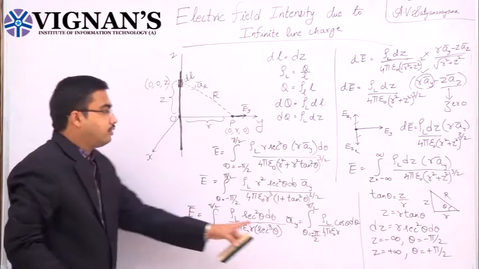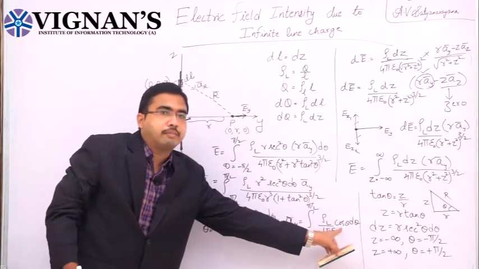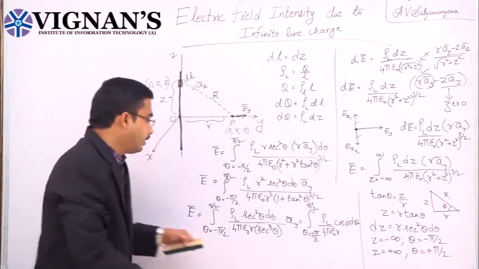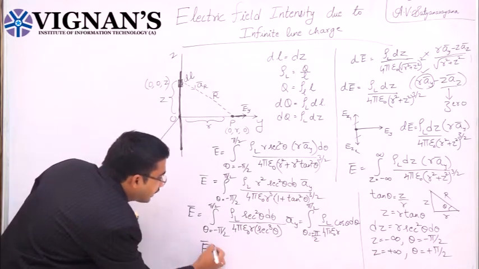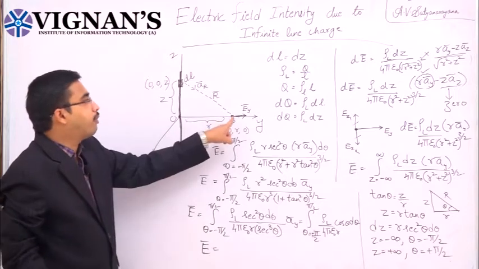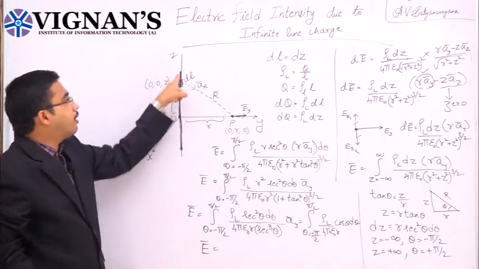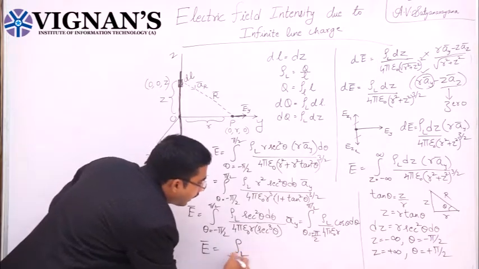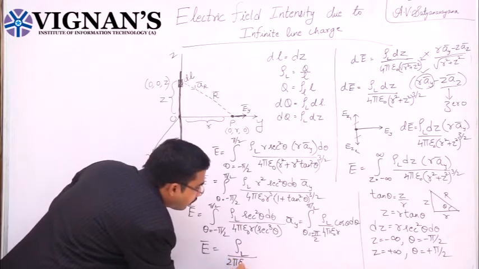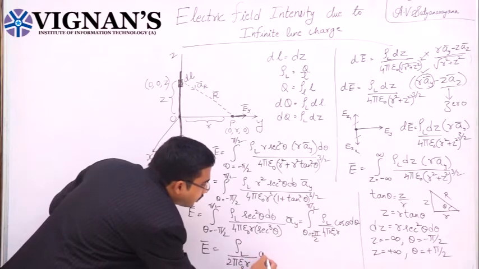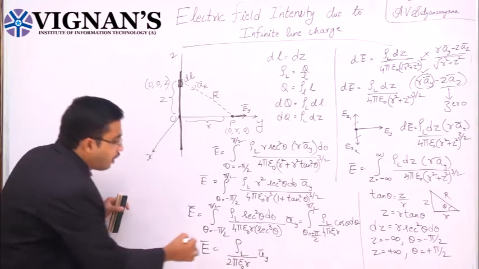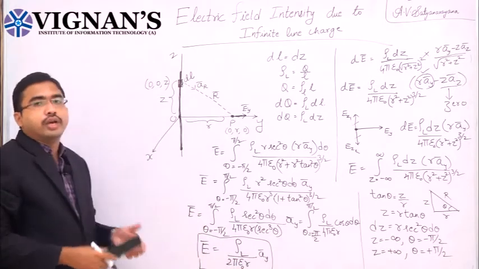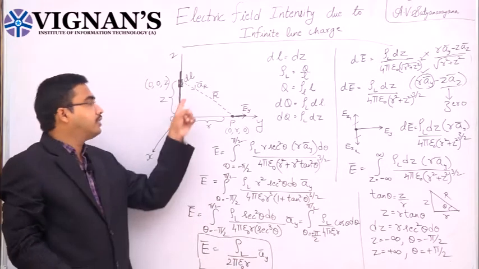So what is the integral of cos theta? It is sin theta, and on substituting the upper limit and lower limit, you will finally get the electric field intensity E bar at point P due to this complete infinite line charge equal to rho L by 2 pi epsilon naught r into a_y bar. This is the formula for electric field intensity E due to an infinite line charge.